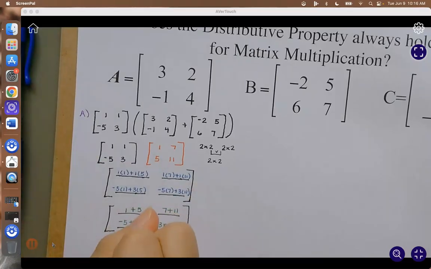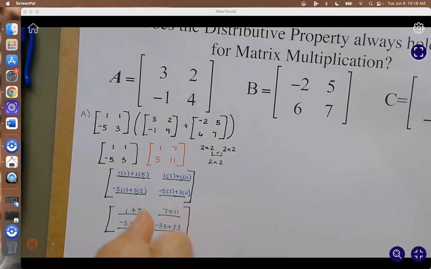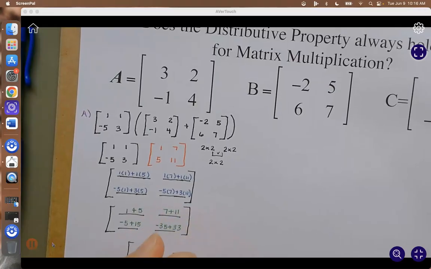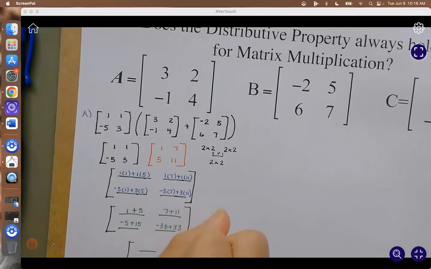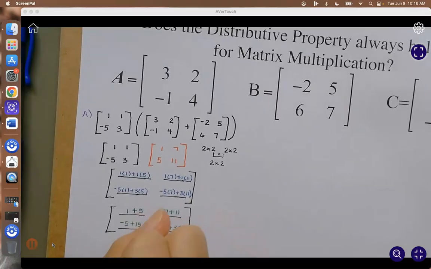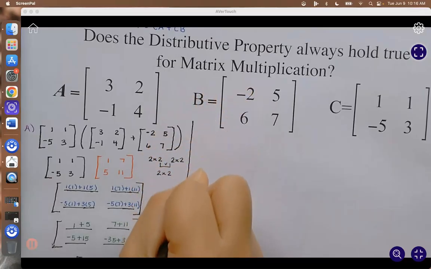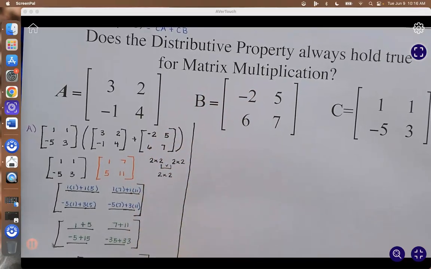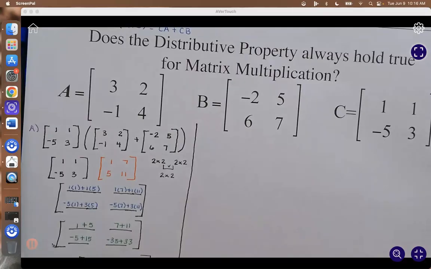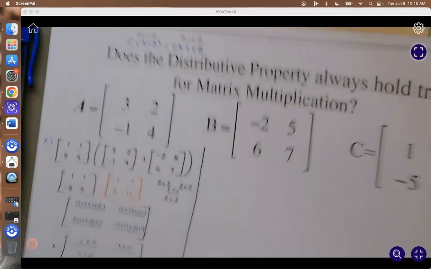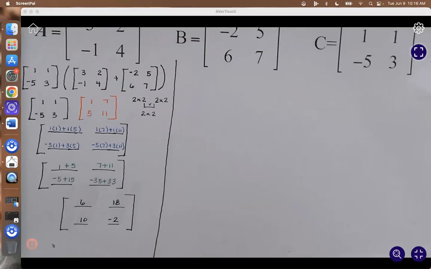So my final answer for this side is 6, 18, 10, negative 2. Okay. 6, 18, 10, negative 2.